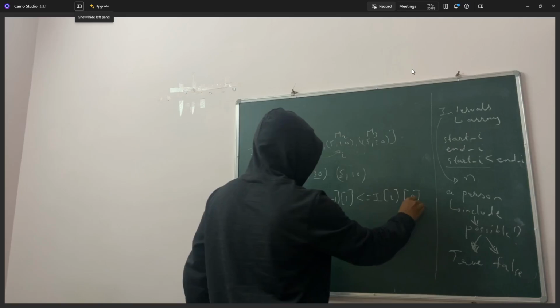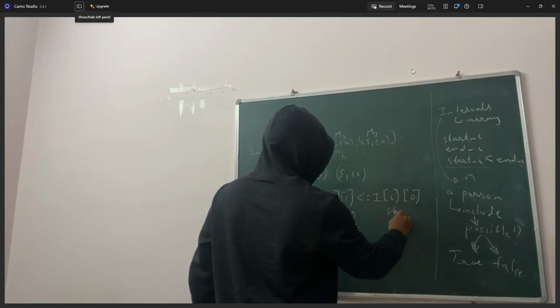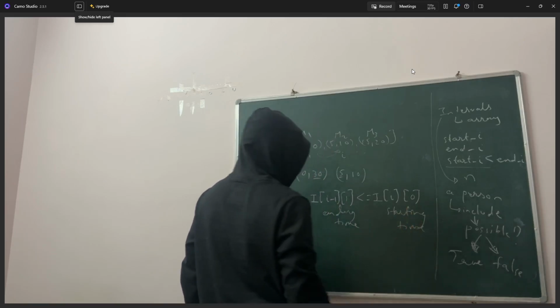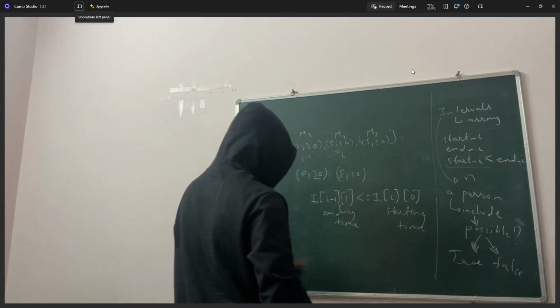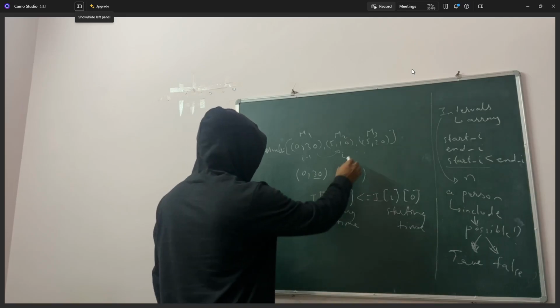The current index's starting time has to be greater than or equal to the previous index's ending time. If this condition holds, then you move to the next.